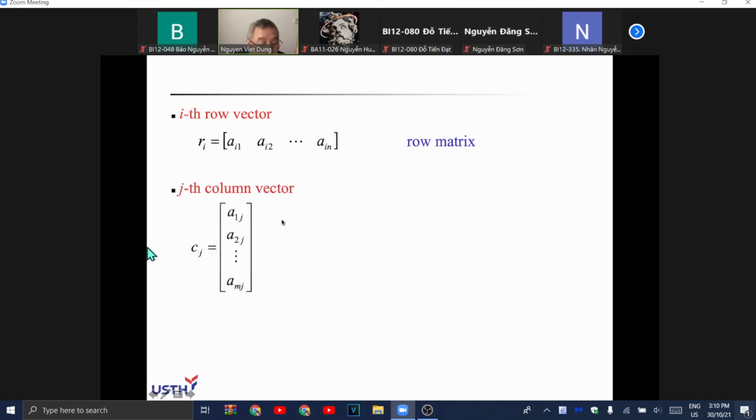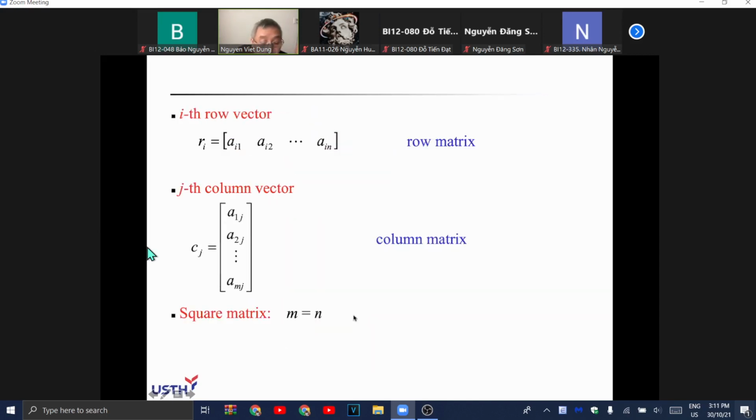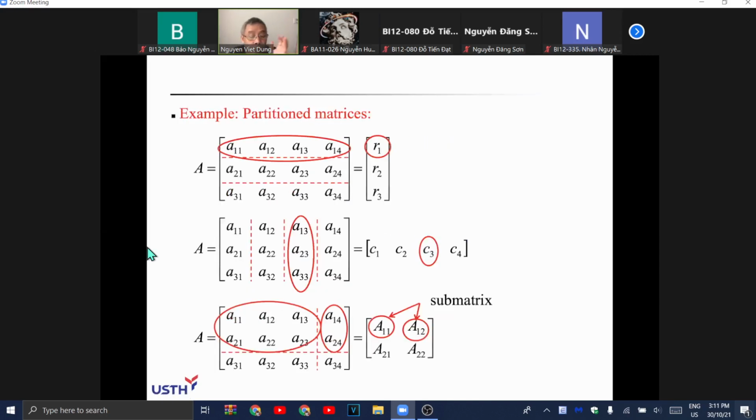Similarly, it can be divided into columns, and the jth column, denoted by cj, consists of a1j, a2j, up to amj, those entries standing in the same column j, and it is a column matrix. And in the case the number of rows equals the number of columns, we call it a square matrix.